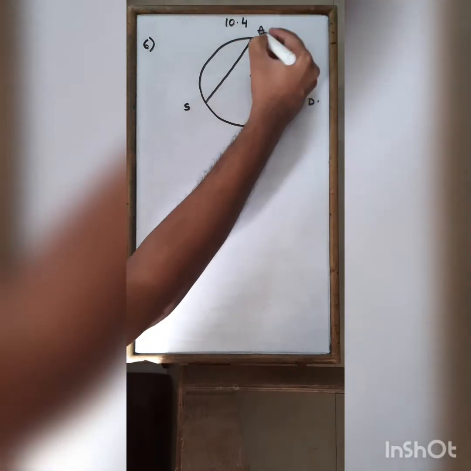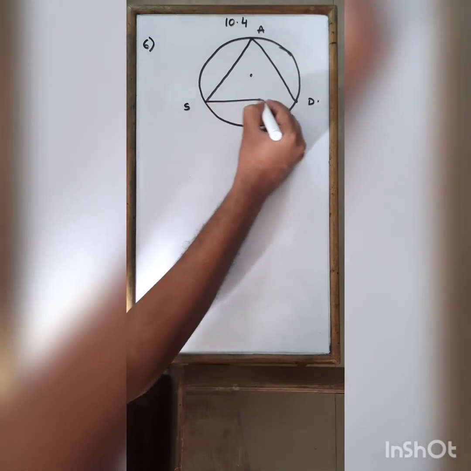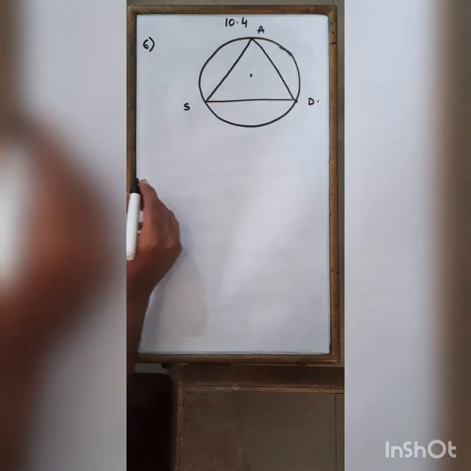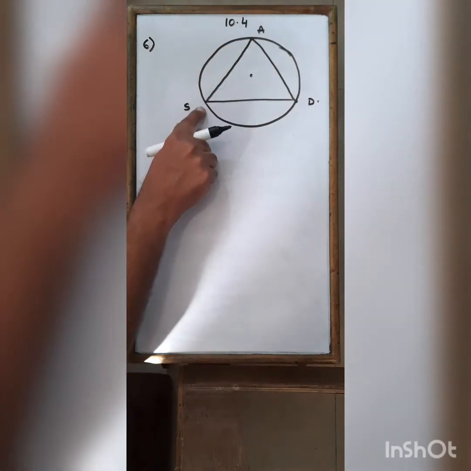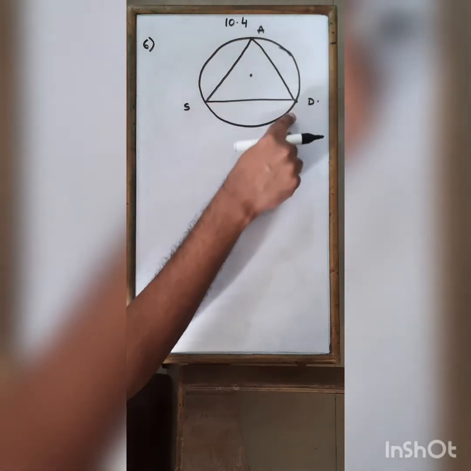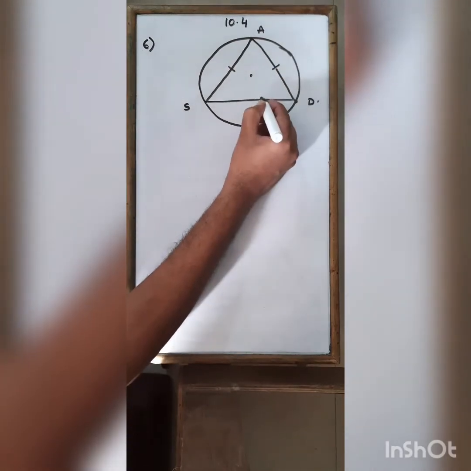So this is AS, this is AD, and this is SD. Having a toy telephone in his hand to talk to each other, find the length of the string in each phone. This means you have to find AS, SD and AD. They are at equal distance, so definitely these are equal.